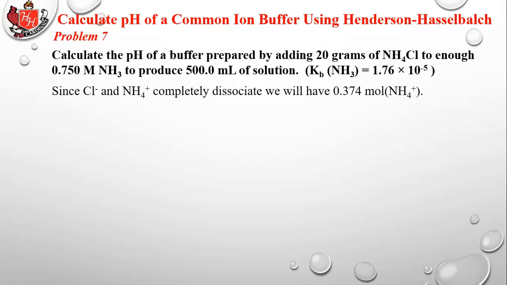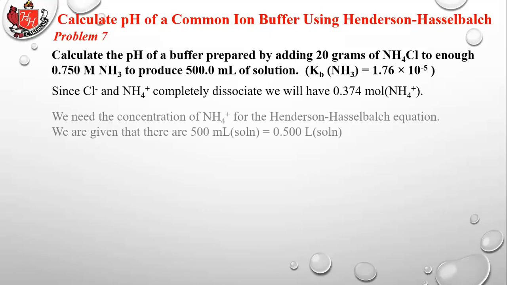Since the chloride and the ammonium completely dissociate, if we have 0.374 moles of ammonium chloride, that means we're also going to have 0.374 moles of the ammonium ion. We don't care about the chloride ion. We need the concentration of NH4+ for Henderson-Hasselbalch.